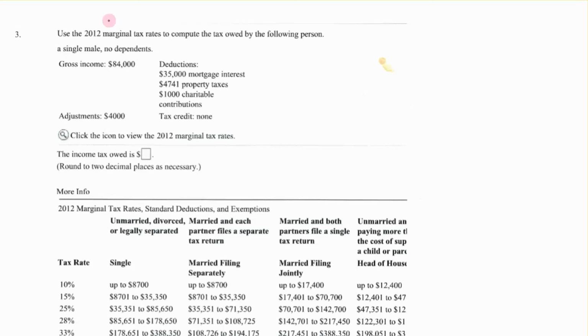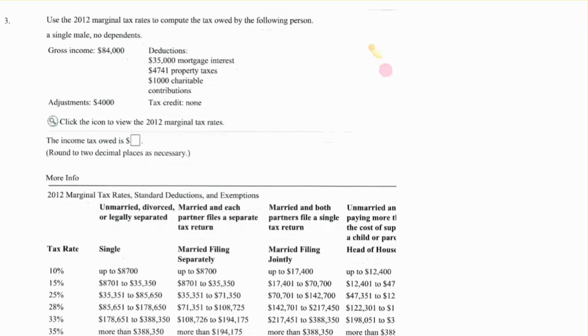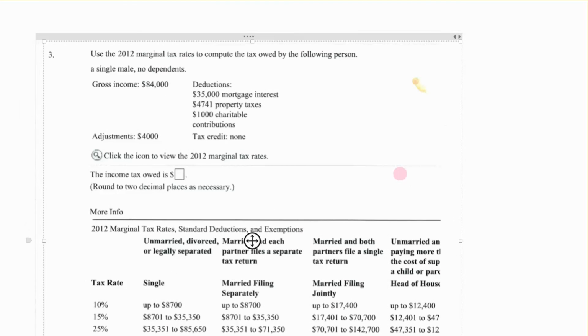This comes from 2012, and it says the marginal tax rate to compute the tax owed by a person, a single male, no dependents. Okay, so we're going to use this. This would be in a tax book. All right, let's see what they've got. This person has a gross income of $84,000. Okay, adjustments, $4,000. So let's start out.